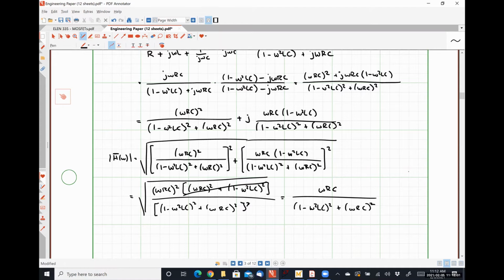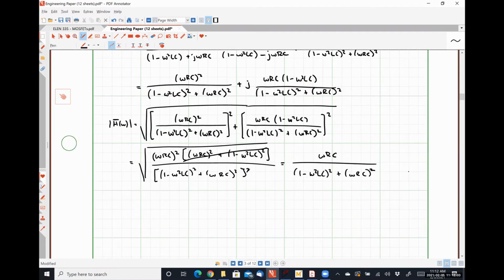So what happens if omega is equal to 0? What is the value of our magnitude response when omega is 0? 0, right?